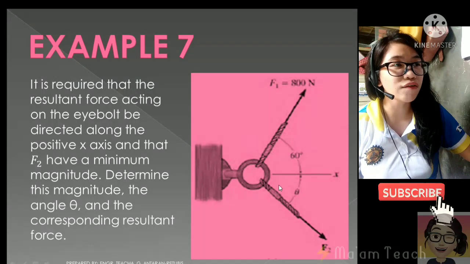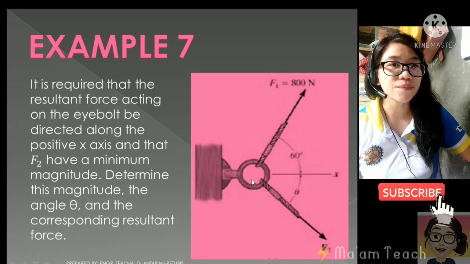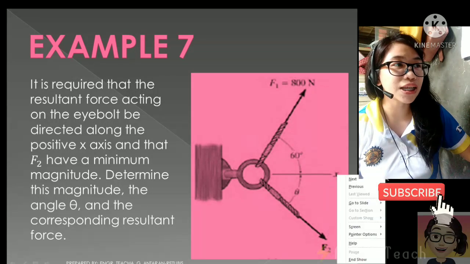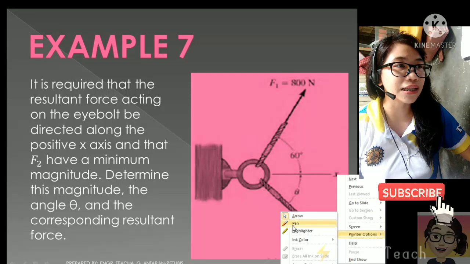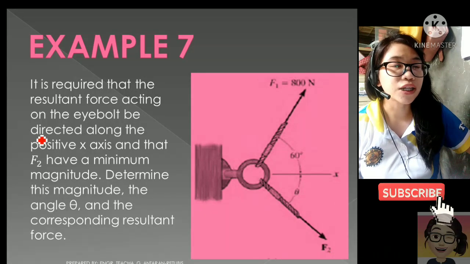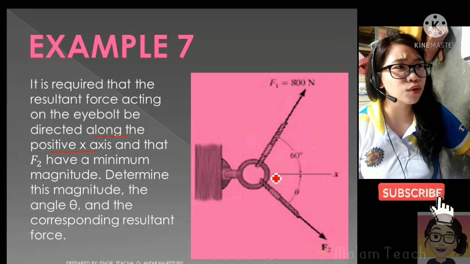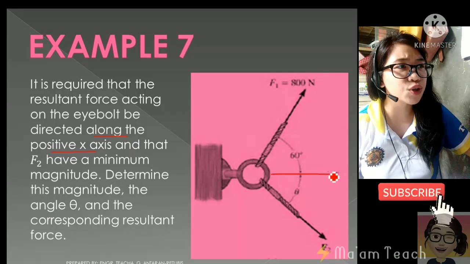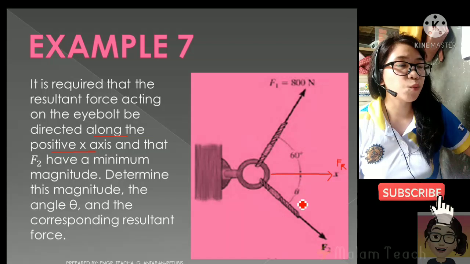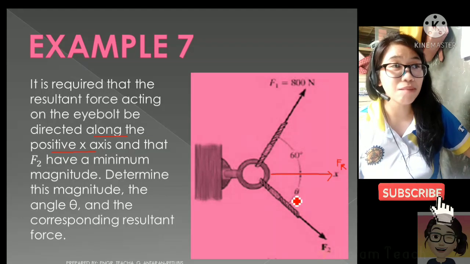In order to solve that, the f sub r should be directed along the positive x-axis. Can you see it, class? This one. So take note that our f sub r should be here. This f sub r. And then we are to determine the magnitude.